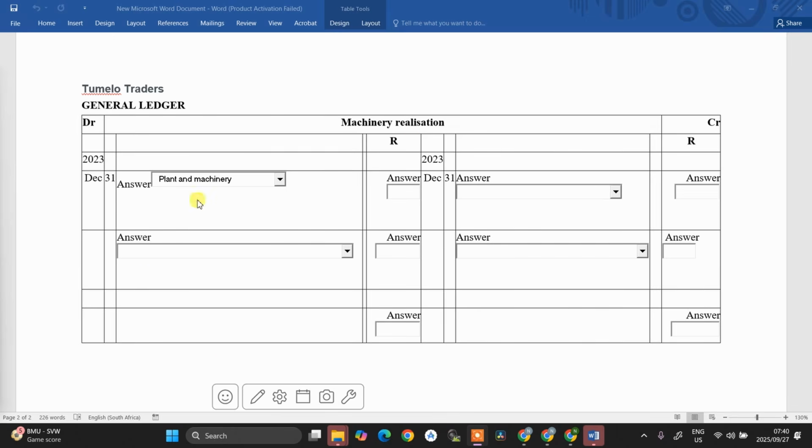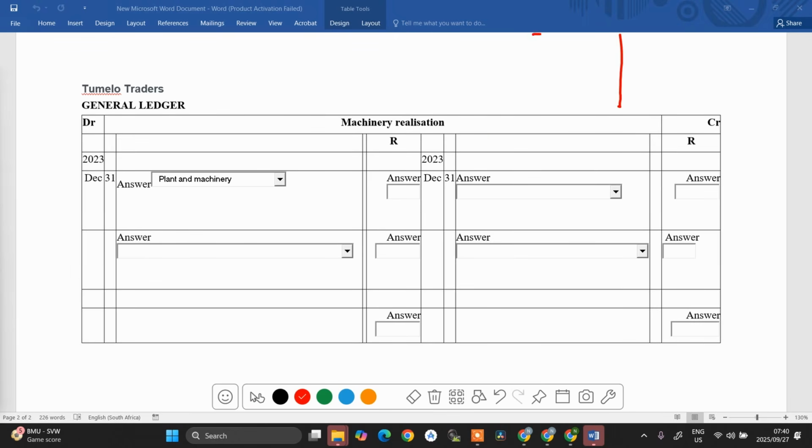So let's say at this point the entity has an account known as plant and machinery. In this plant and machinery account, it has recorded that it has machinery worth the money that they stated.